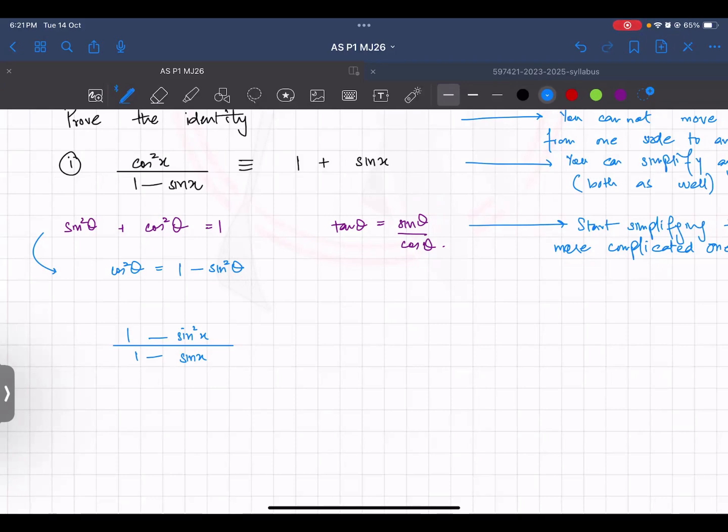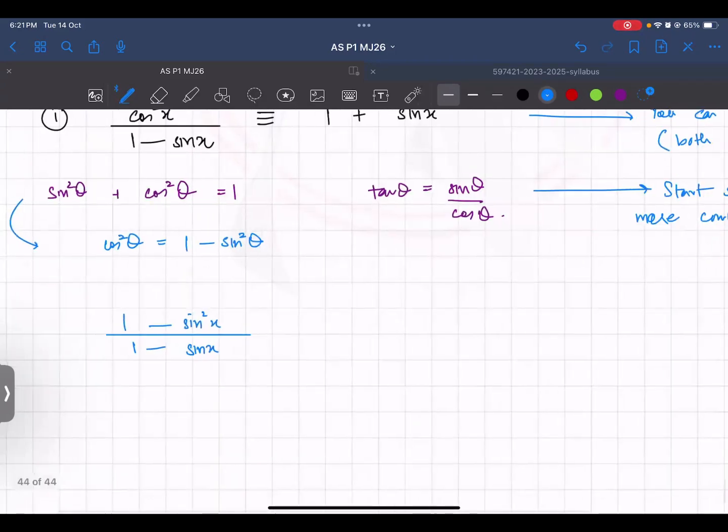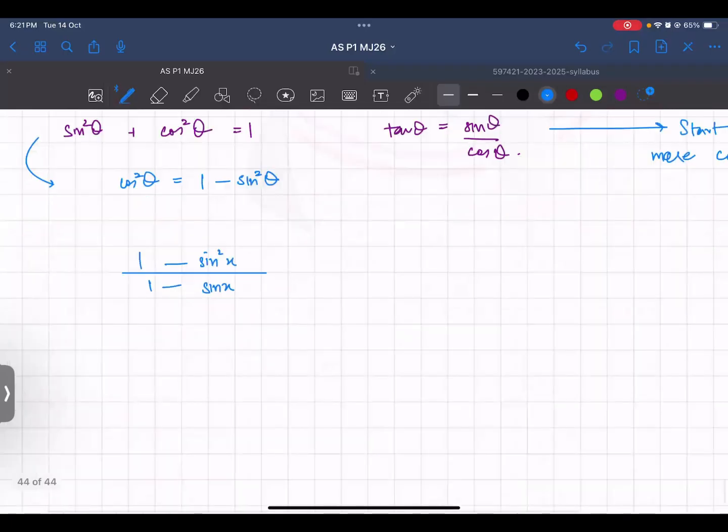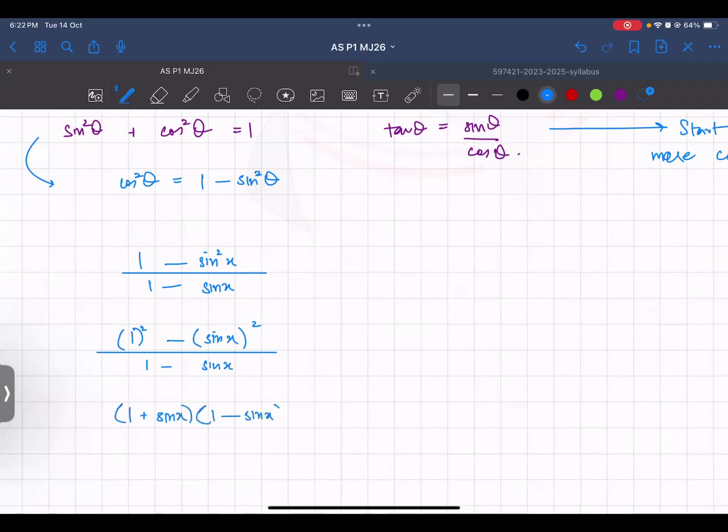Now another technique that you can use is factorizing. If you factorize the numerator further, I write it as 1 square minus sine x whole square, this is the third identity. Now I can simplify into 1 plus sine x and 1 minus sine x.